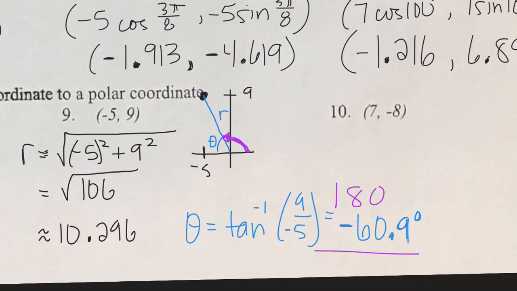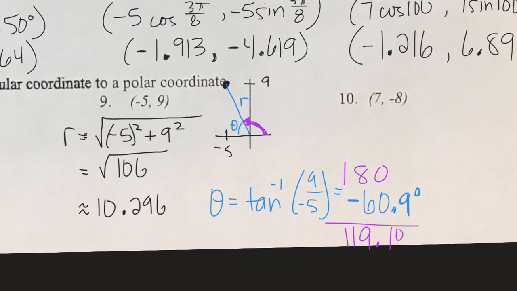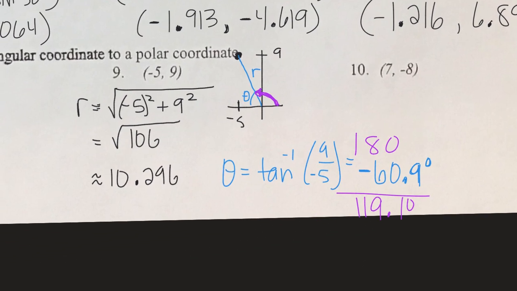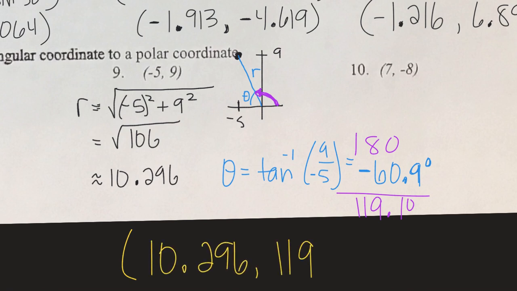So 180 minus 60.9 is 119.1. That is the angle that we're looking for. So our answer is the radius 10.296 and the angle 119.1 degrees. That is your final answer for this problem.